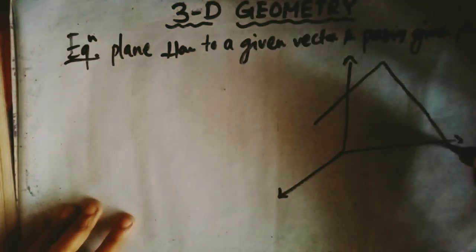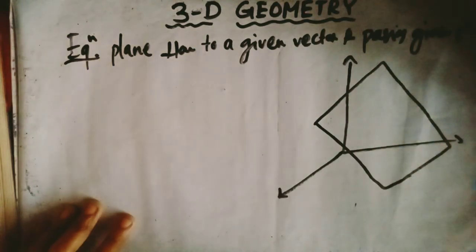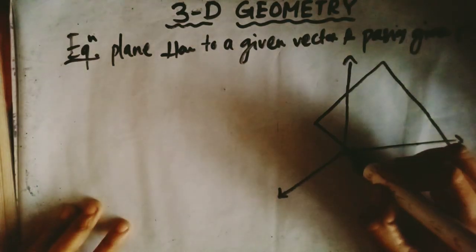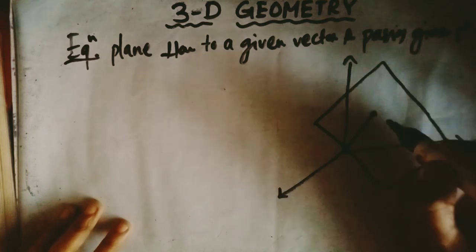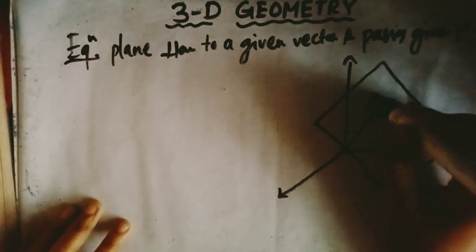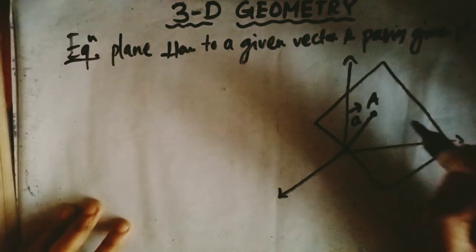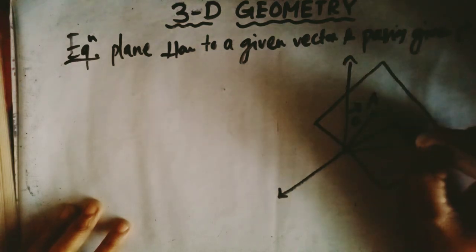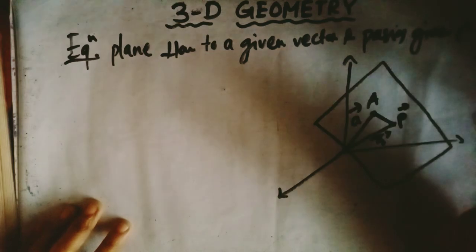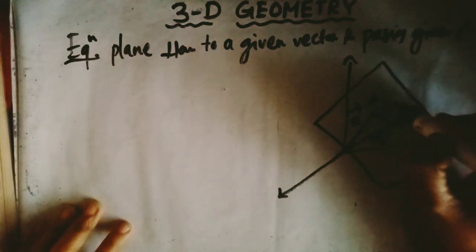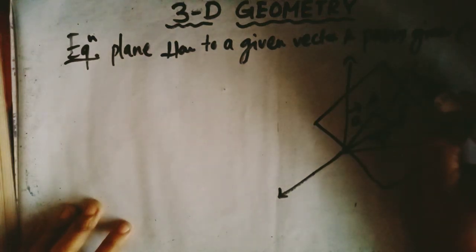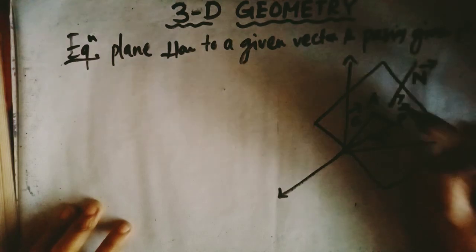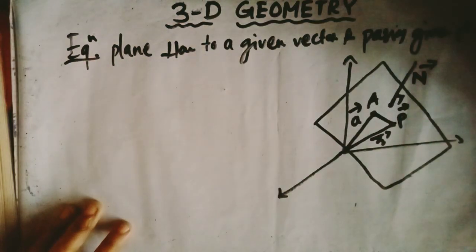There is a plane, okay, and we have vector A and position vector R, okay, and there is a normal vector N which is perpendicular to this plane.